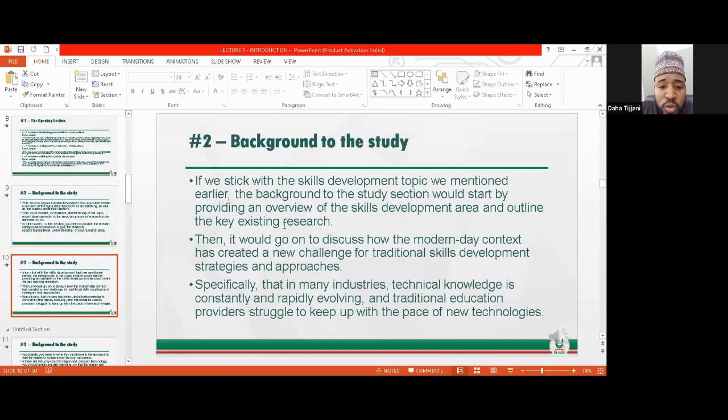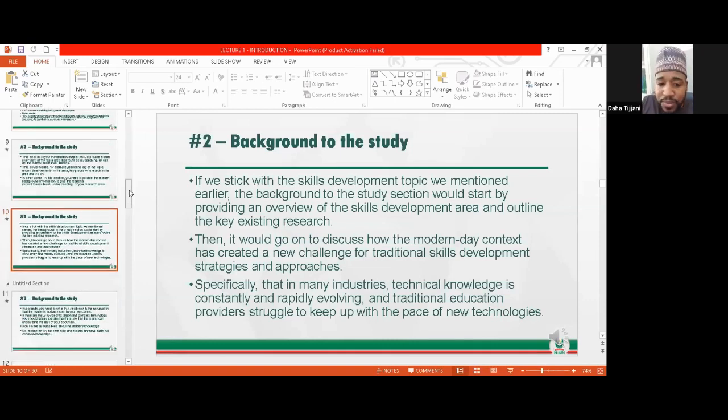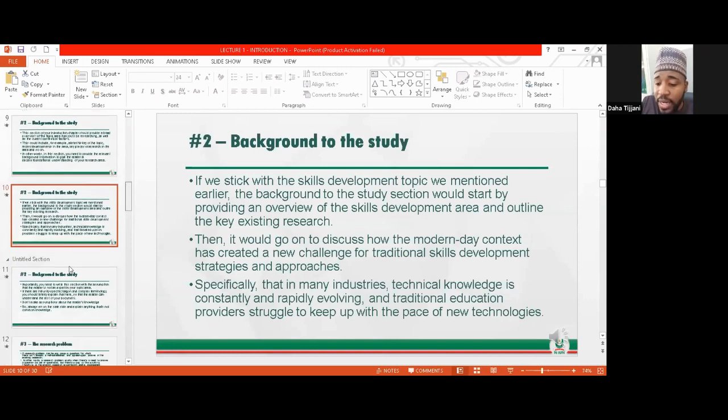Then you further go on to discuss the modern day context and the challenges for traditional skill development strategies and approaches. Specifically, that in many industries, technical knowledge is constantly and rapidly evolving, and traditional education providers struggle to keep up with the pace of new technology. In short, for the background of the study, like I said, you have to look at the theories, what has been researched, and what is new in that area.